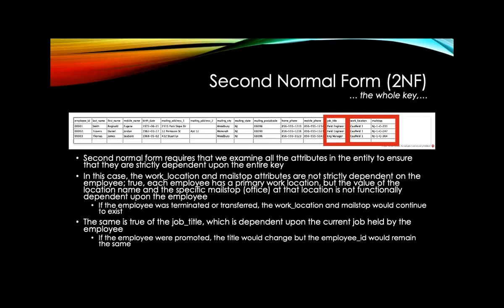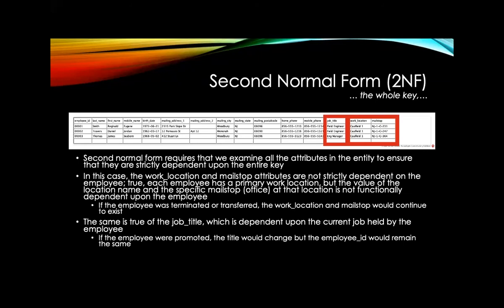What about this office number makes it not dependent on employee ID, but dependent on something else? People can work in the office, or you can change offices. You could change offices so the office isn't specific to a single individual, but the mail stop exists in this building. If I move to a different building, I'm not taking the mail stop with me. So because the mail stop is dependent upon the work location, that's a different key dependency than the employee.